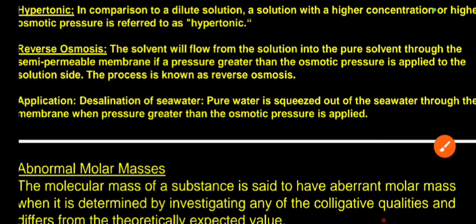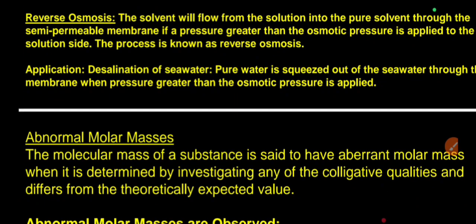Now it is reverse osmosis. Three terms are there: osmosis, osmotic pressure, and the third term is reverse osmosis. As the name suggests, in osmosis water will move from pure solvent to the solution itself.